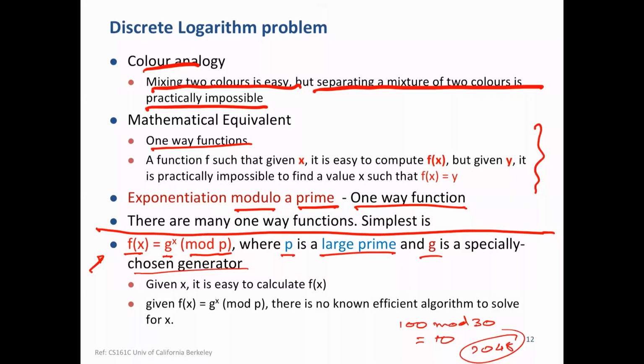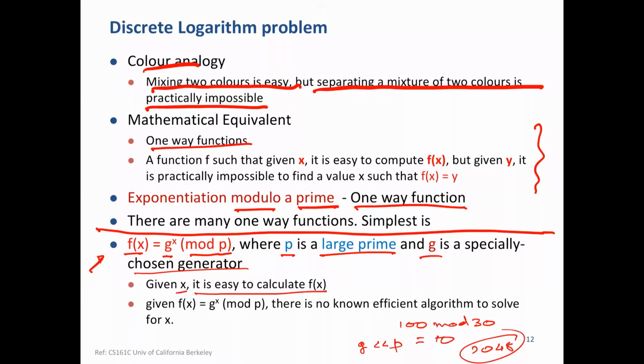We'll look at what g can be, and g is obviously smaller than p. So p is a very large prime, and g we choose, and p and g are public knowledge. Everyone knows what p and g are.